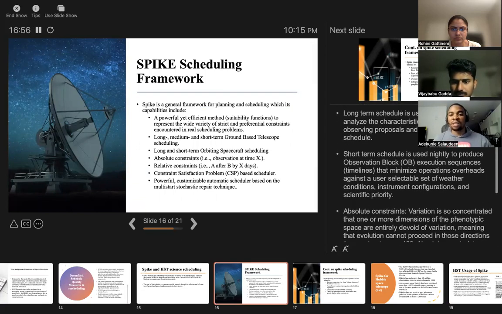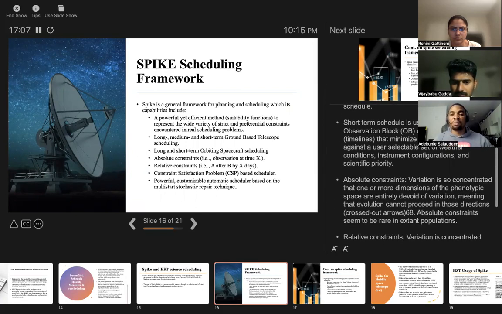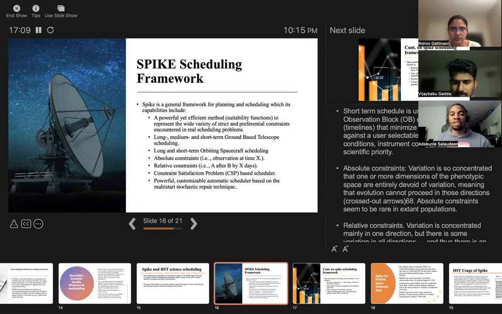The long-term schedule is used twice a year to analyze the characteristics of an accepted set of observing proposals and to propose a 6-month schedule. The short-term schedule is used nightly to produce observation block execution sequence timelines that minimize operations overhead against a user-selectable set of weather conditions, instrument configuration, and scientific priority.